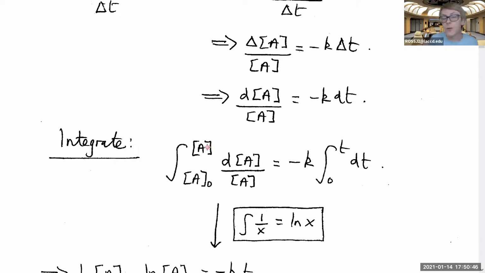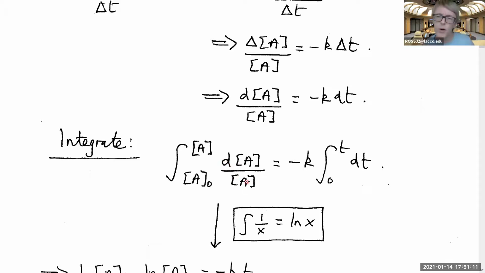We're going to integrate between extremes of concentration at time t and time 0 on the left, and between time t and time t equals 0 on the right. But this time we have a denominator because this A doesn't disappear.